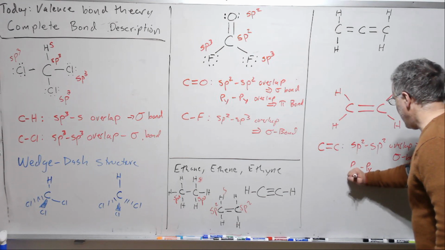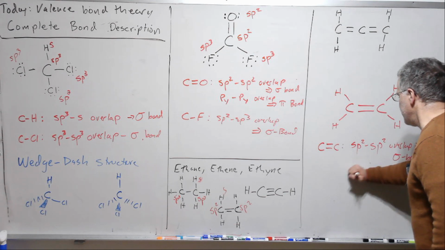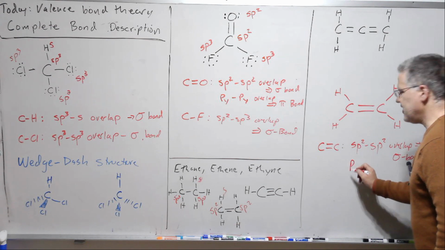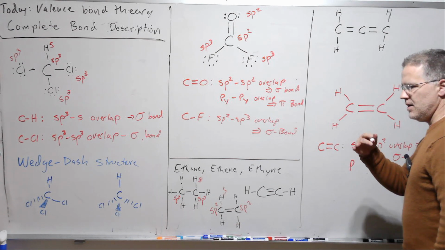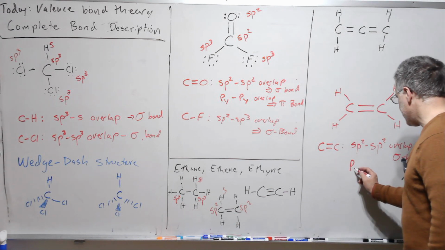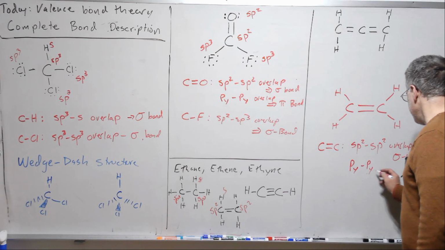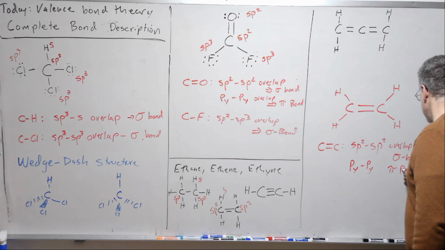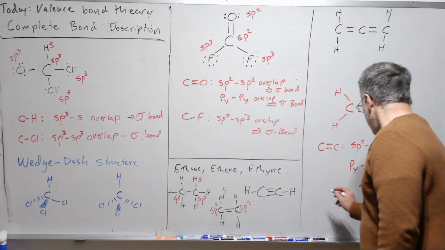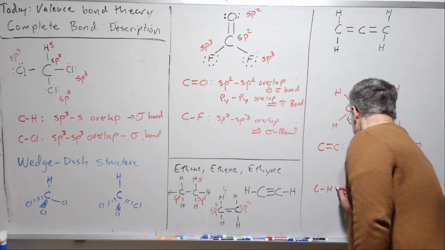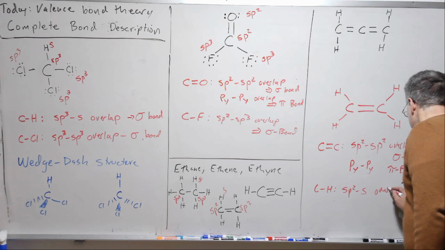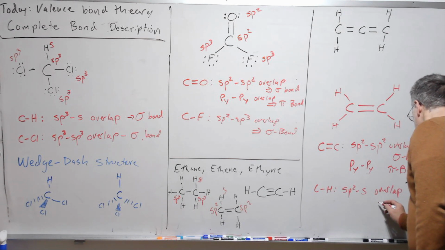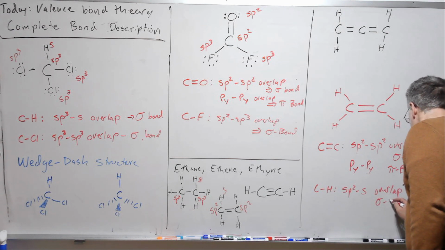Oh no, sorry, py has to be where, based on what we did earlier. Again, you're kind of free to do whatever you want there, but we decided to add a pz and a px, so that leaves the py free. Pi bond. And then the hydrogens, carbon hydrogen, is going to be an sp2 s overlap, which is going to be a sigma bond.